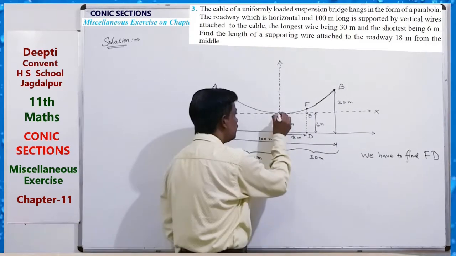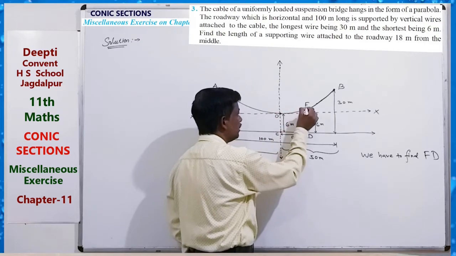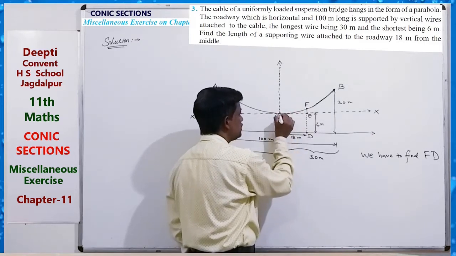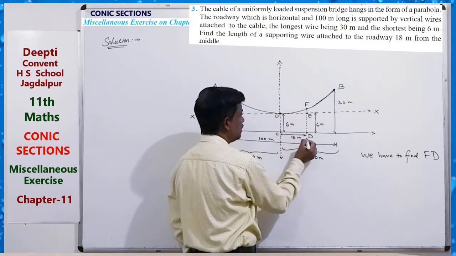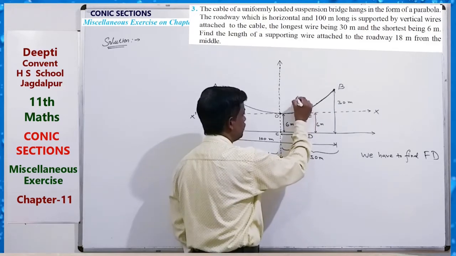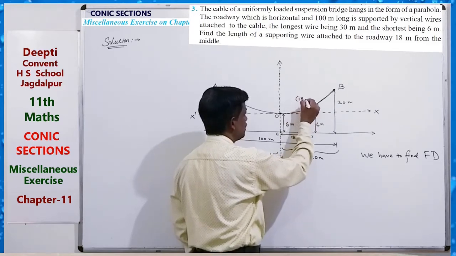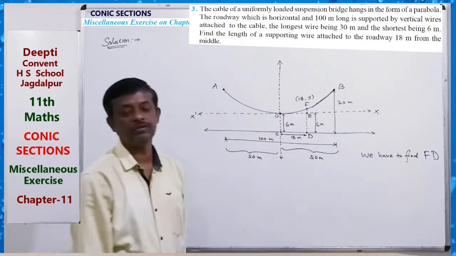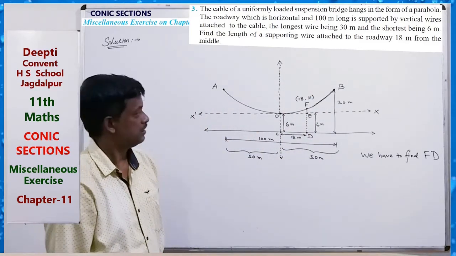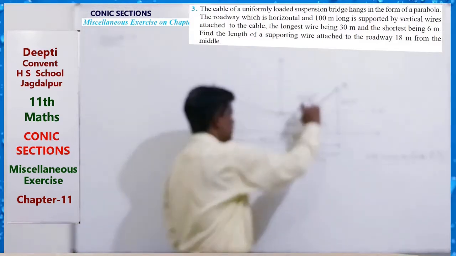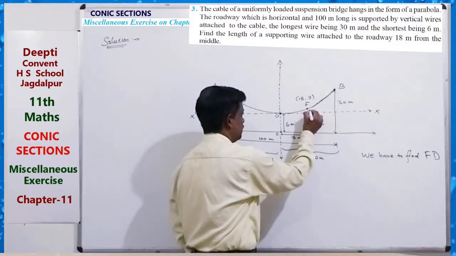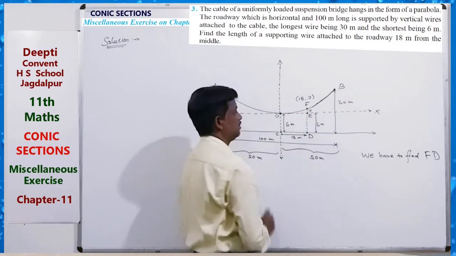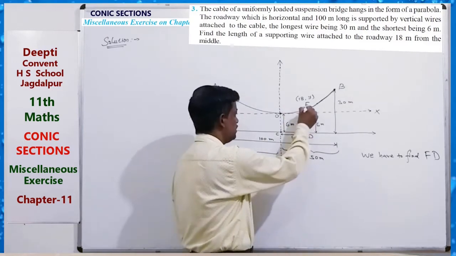Clear? Now this is the vertex and this distance is 18. So point F will be 18, and here the value of Y is required. Y we have to find.